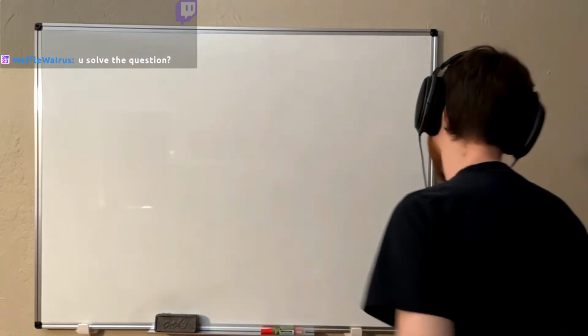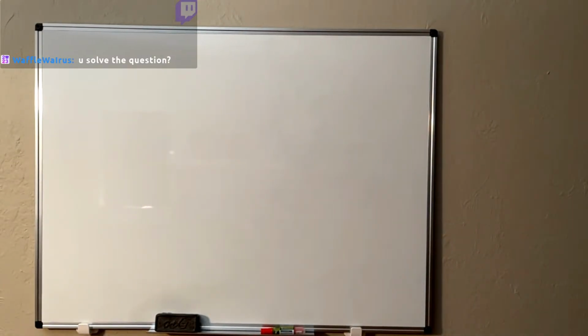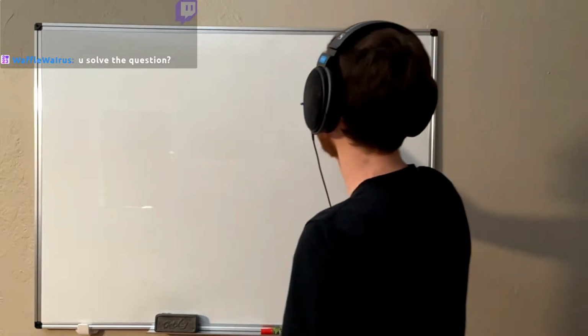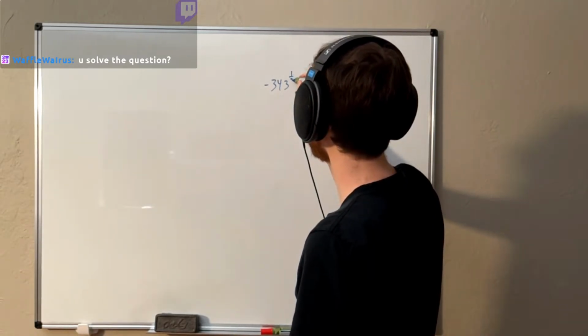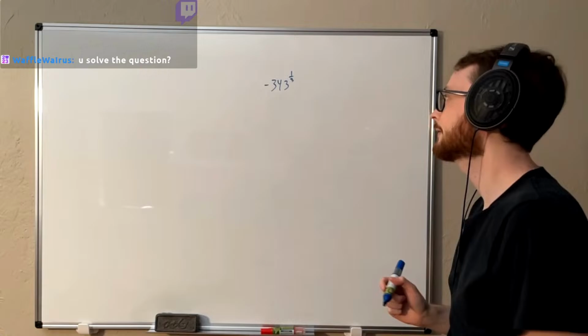I think I mentally figured out what the answer to this is, but mental math is not my strong suit. So minus 343 to the 1/3, and you need to figure out how we deal with an exponent like this.